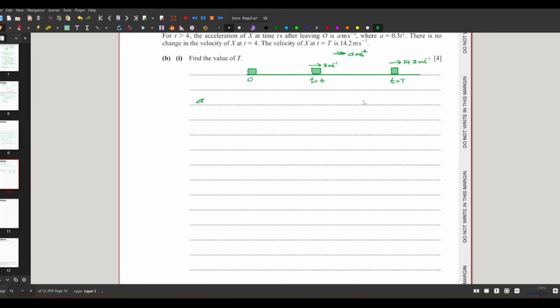So here a equals 0.3 t to the half. Therefore, we can write the velocity as the integration of the acceleration with respect to time. So it is the integral of 0.3 t to the half dt.